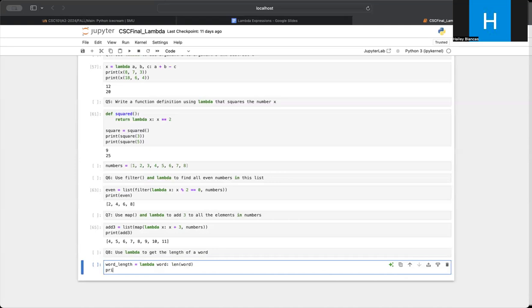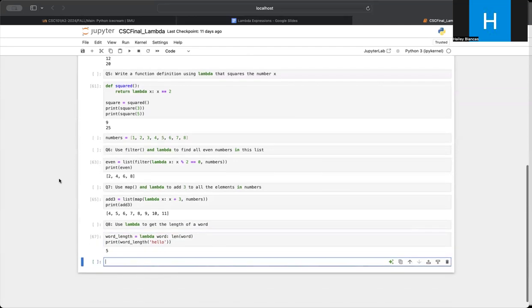We'll try this out using print, word length, and our first word is going to be hello. Hello has 5 letters, and we got the number 5, so this function ran correctly.